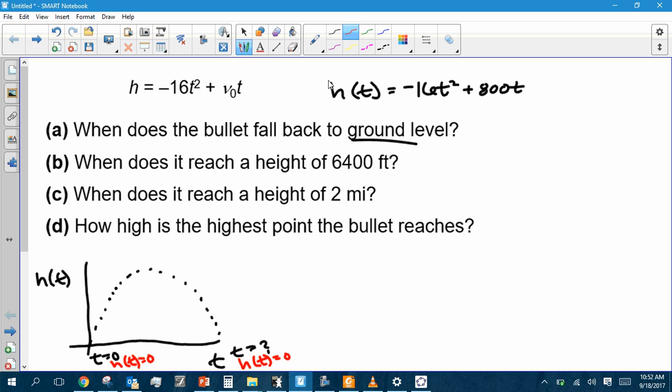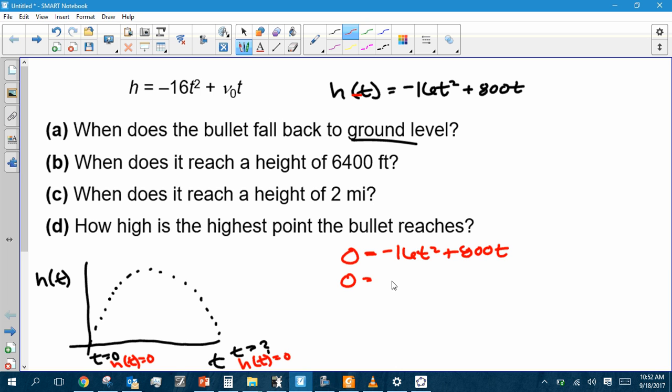So what we should be able to do is take this original equation and say, okay, if h of t is 0, I get negative 16t squared plus 800t equals 0. I should be able to solve this for t, and it's going to give me t equals 0, hopefully, and this value here that we're looking for.